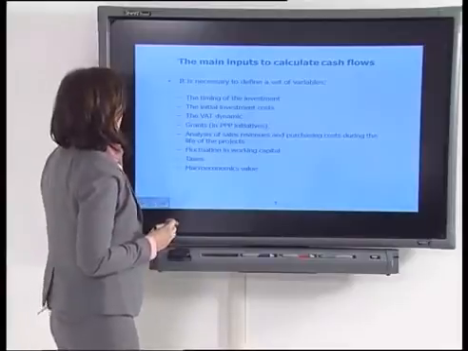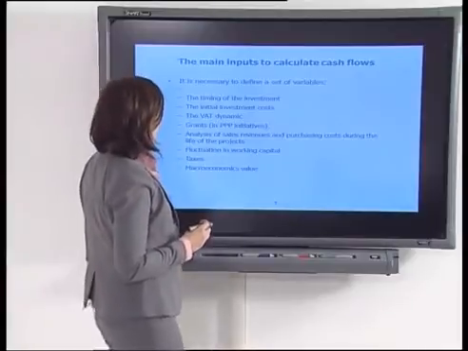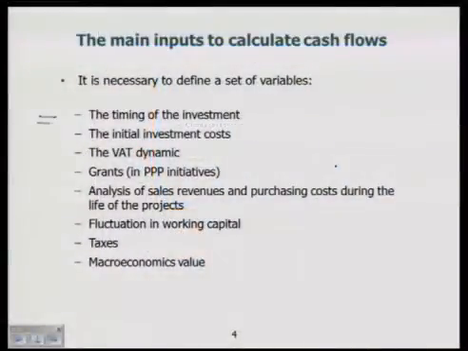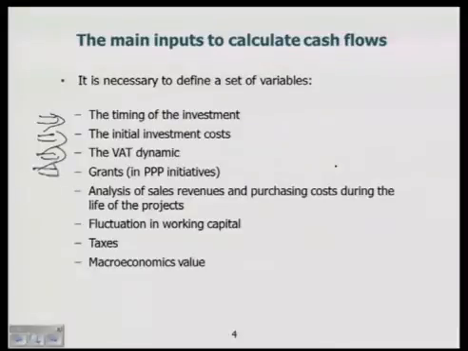of this operation. So, the main inputs to calculate cash flow are the following: the timing of the investment, the initial investment cost, the VAT dynamic, the grant level, in particular in PPP initiatives, the analysis of sale revenues and purchasing costs during the life of the project, the fluctuation in working capital, the effect of the taxes, and other macroeconomic variables.